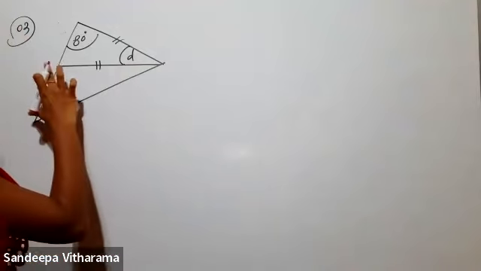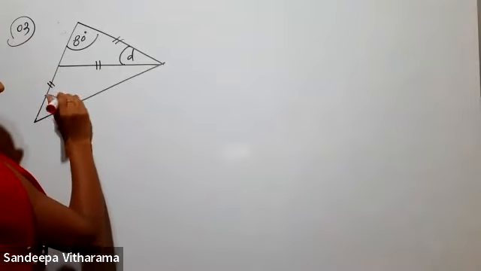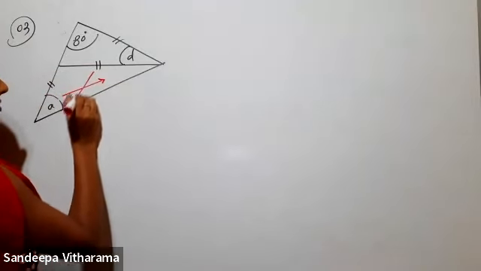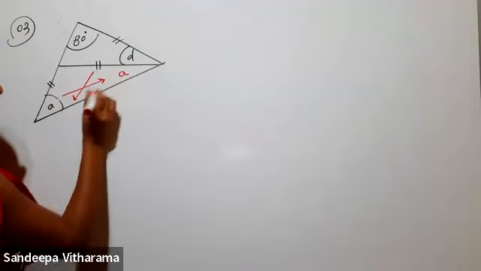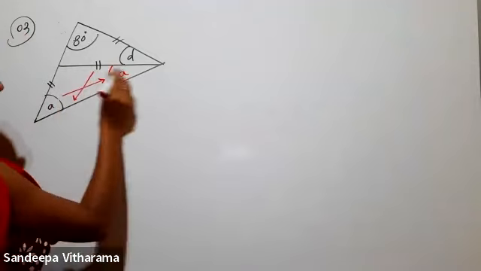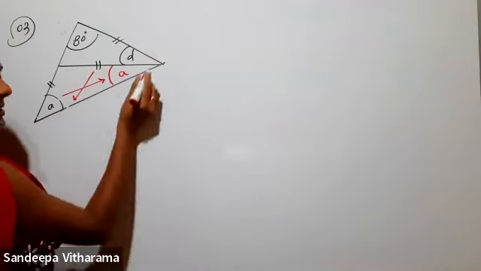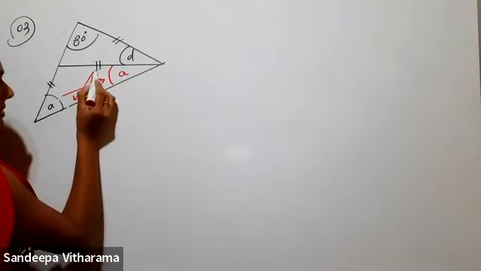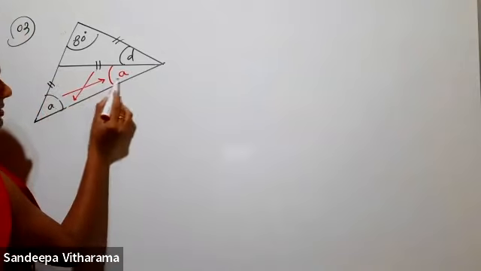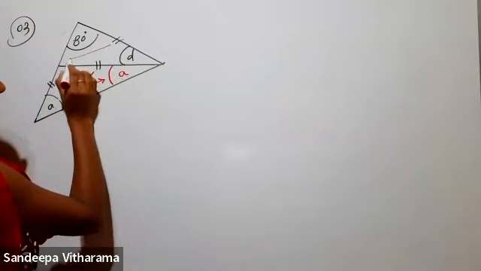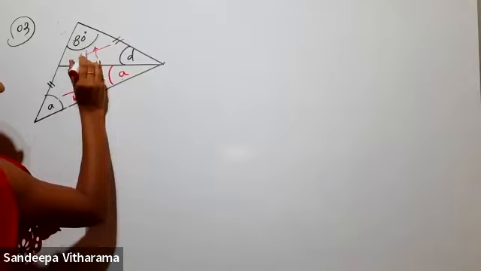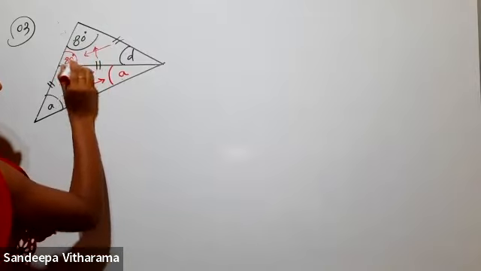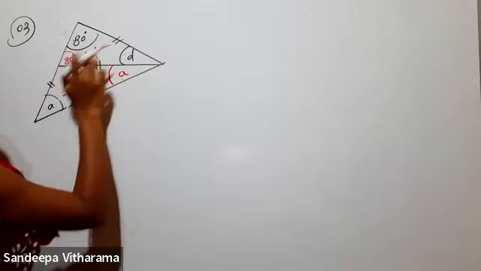Here the angle opposite to this side should equal A. If you consider this triangle, the angle opposite to this side equals A, and the angle opposite to this side equals A. Then the angle opposite to this side equals 80.